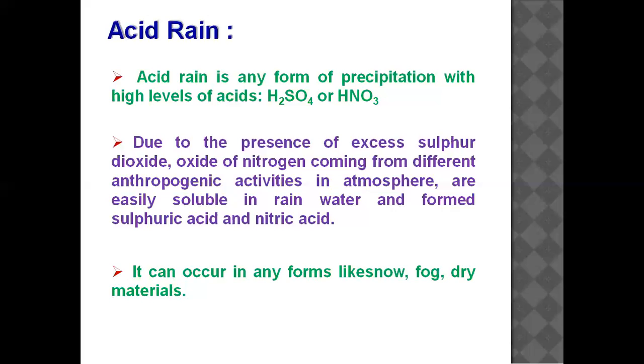When this sulfur dioxide and nitrogen oxides react in the atmosphere with water, oxygen, or other chemicals, they form acids like sulfuric acid and nitric acid. And winds actually spread those acidic solutions over hundreds of miles and then deposit them.